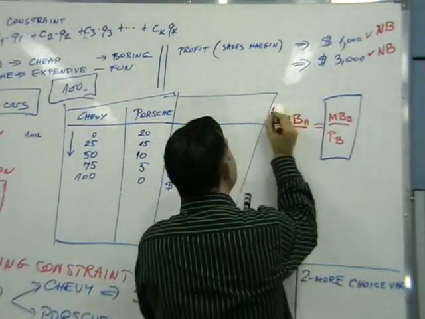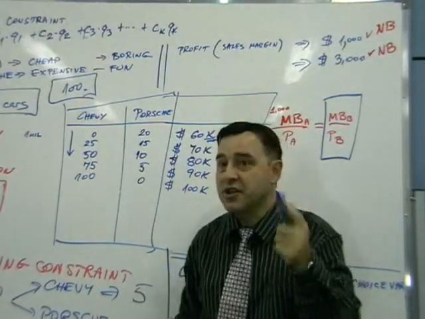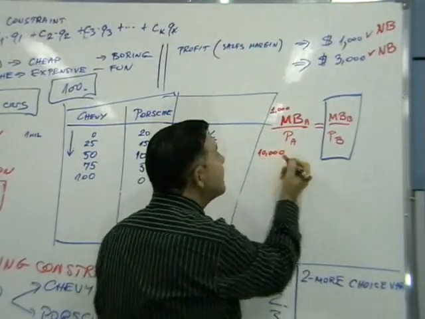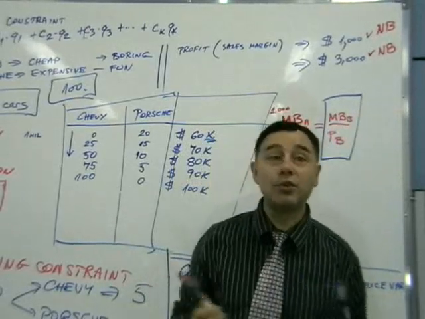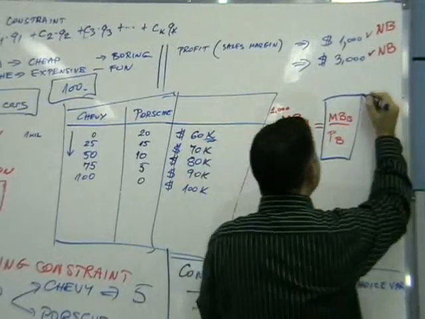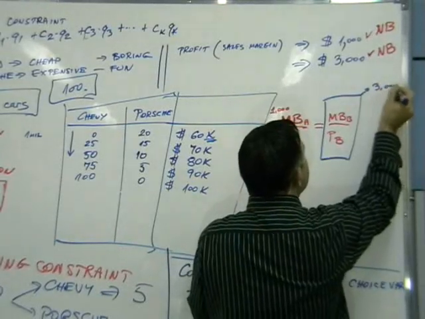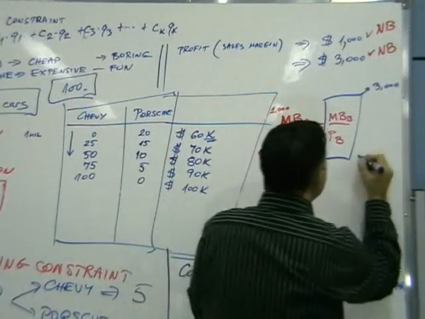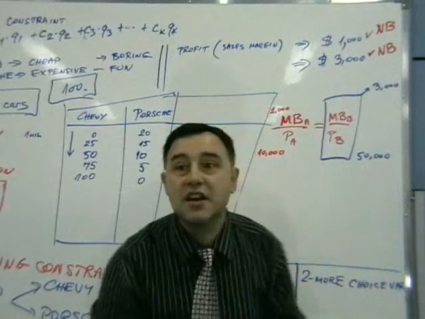For a Chevy, it will be a benefit of 1,000, correct? And the price will be 10,000. Now, using the other one for the Porsche, the marginal benefit will be 3,000 over the price of 50,000.